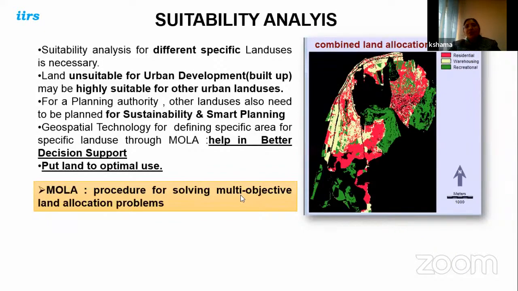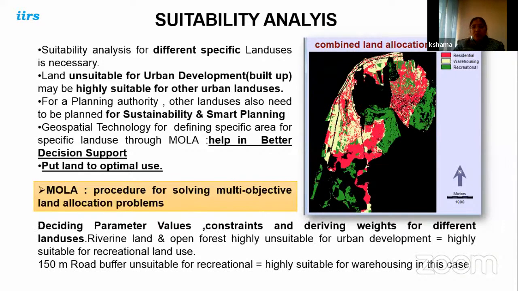Because sometimes if we identify only for, suppose, urban development, we tend to miss some of the areas. Recreational area can be developed in those areas which are a little bit waterlogged or flood prone, but those areas can very easily be utilized for recreational land use.